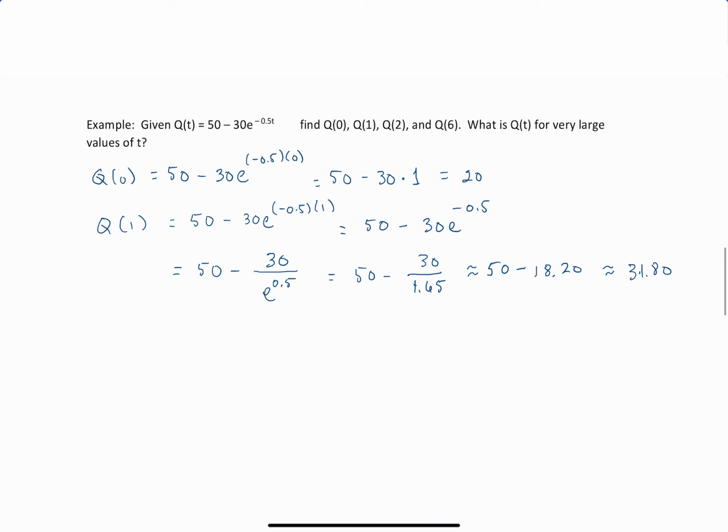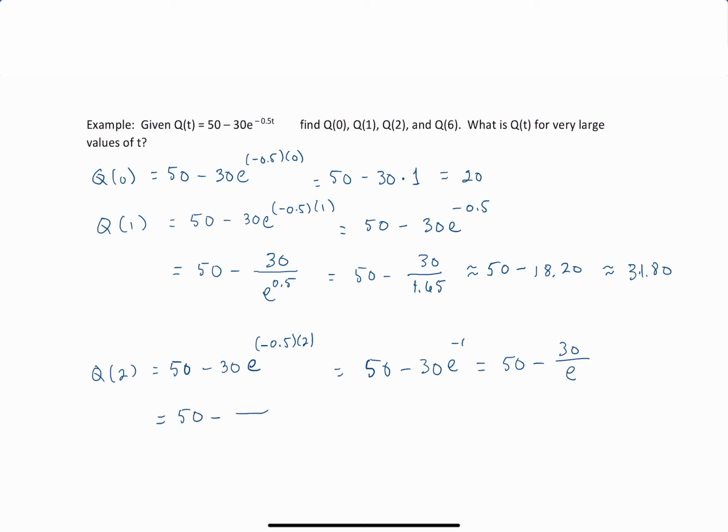Let's try Q of 2. So that's 50 minus 30 e to the minus 0.5 times 2. And 0.5 times 2 is 1. So we have 50 minus 30 e to the negative 1. And again, I'm going to rewrite that as 50 minus 30 over e to the first power.